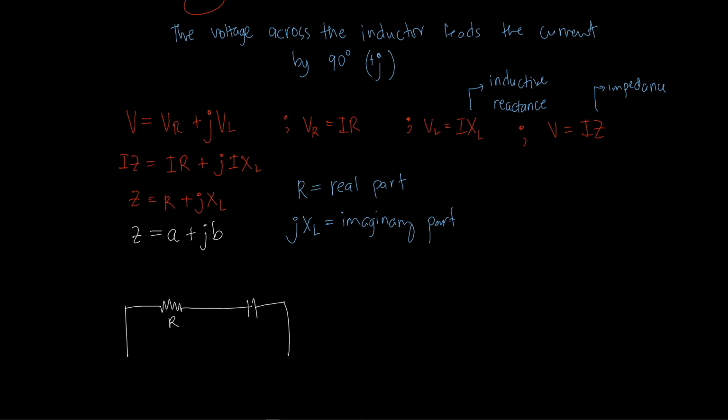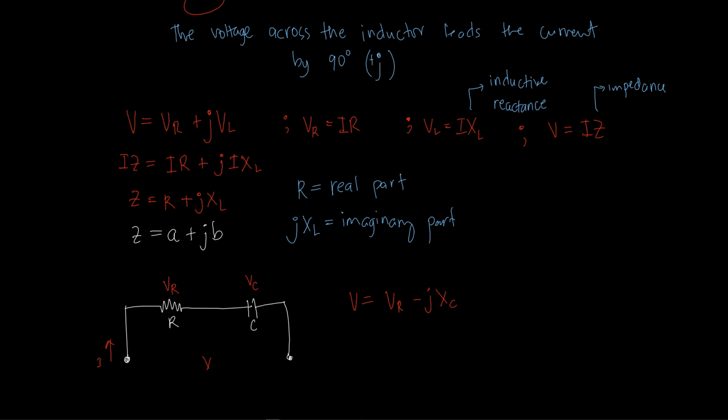This is R, this is C. We have voltage across the resistor, voltage across the capacitor, voltage V, and current I. Same concept, ang mausab lang is ang part sa capacitor. V is equal to VR minus IXC.